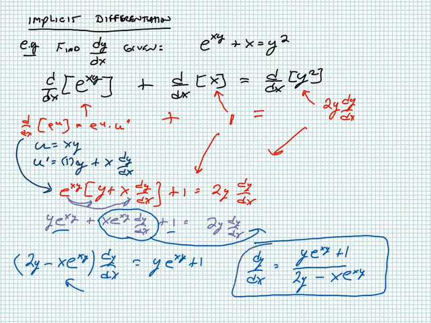And that's it. So use implicit differentiation normally. Just remember we only have this new rule: the derivative of e to the u is e to the u times u prime. Okay, let's see. Next.